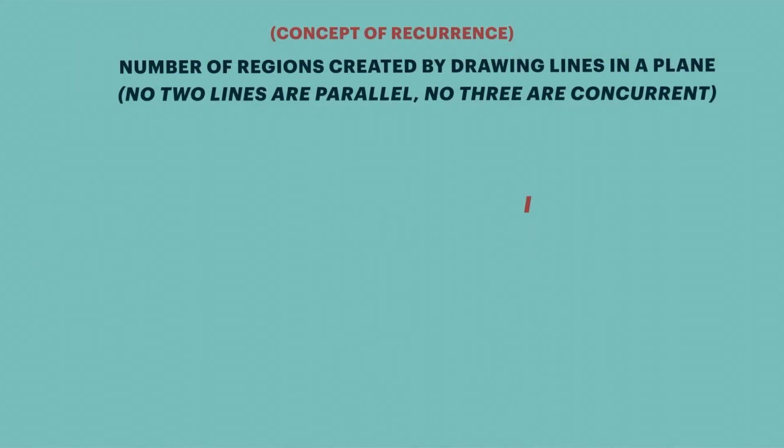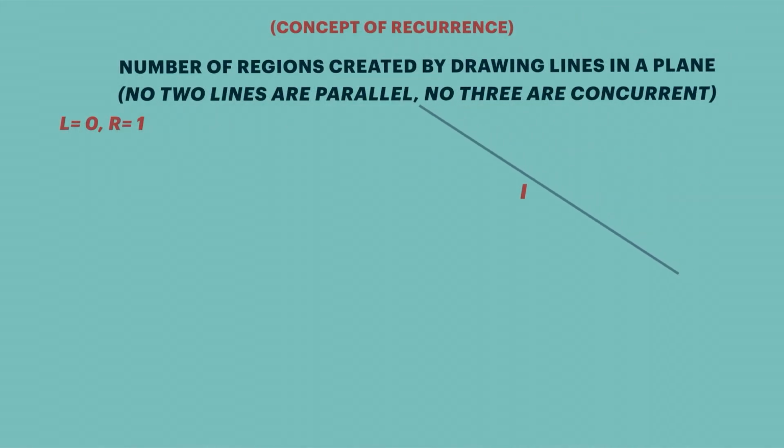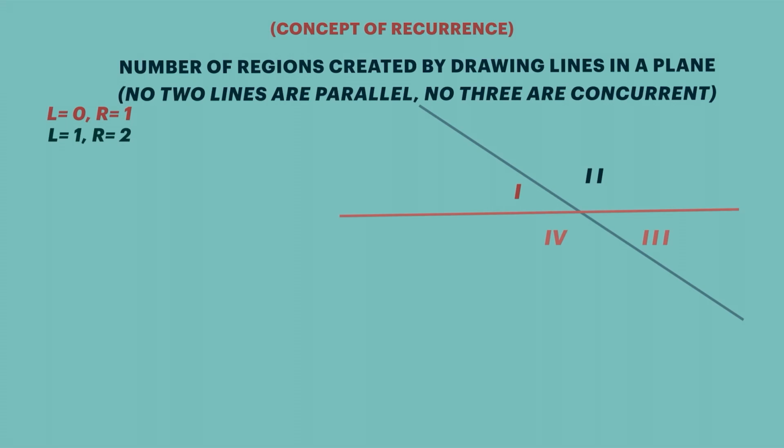Now we have to solve this question from the beginning. If there is no line, region 1, and if one line is drawn, then the regions are 1 and 2, so R1 is 2, and if two lines, then the regions are 4, so L equal to 2, R equal to 4.